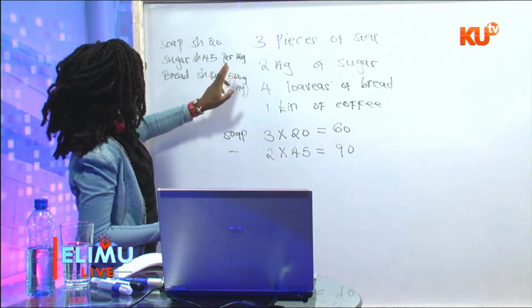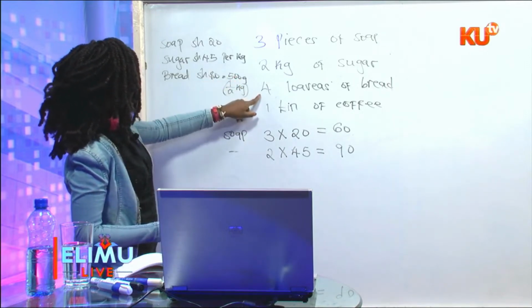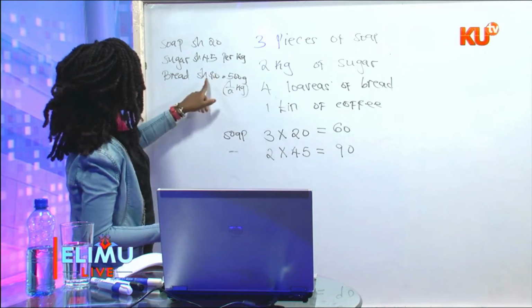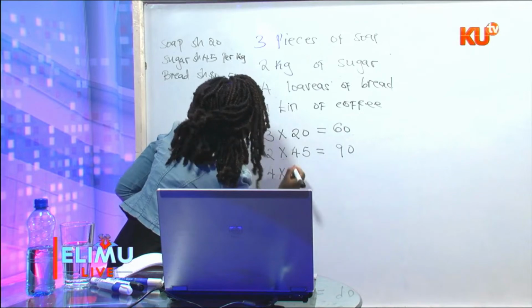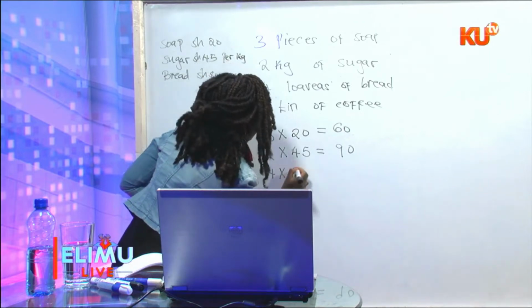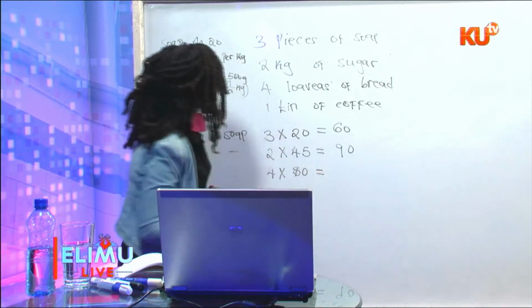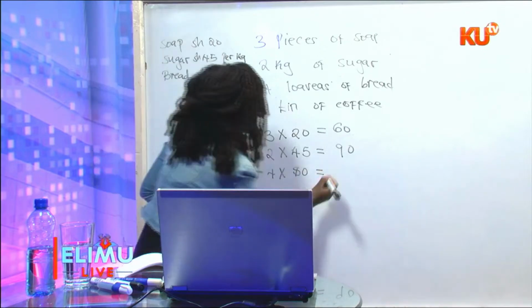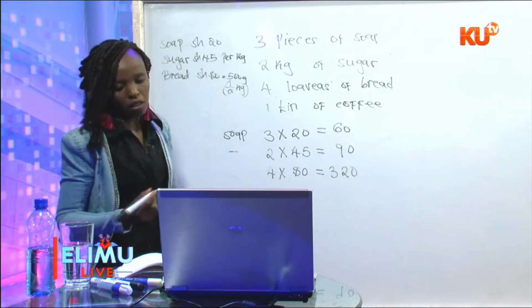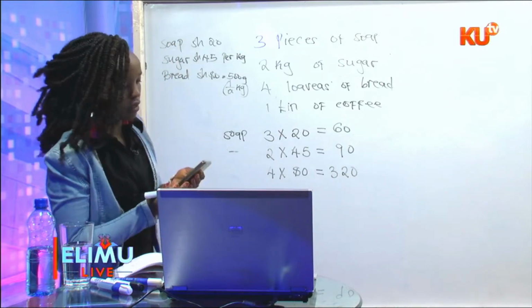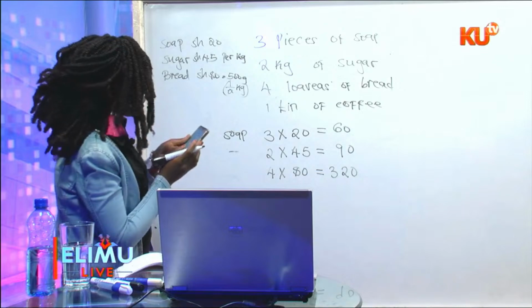Then 4 loaves of bread, and 1 loaf costed 80 shillings, that is per 500 grams. So 1 loaf of bread is 500 grams. So we are going to take the number of loaves, which is 4, times 80. That is 4 times 80. We get 320. And then the cost of the coffee.